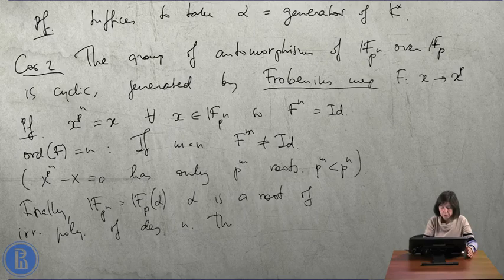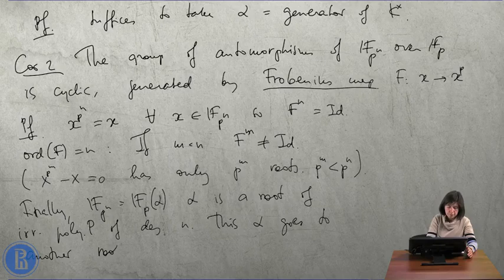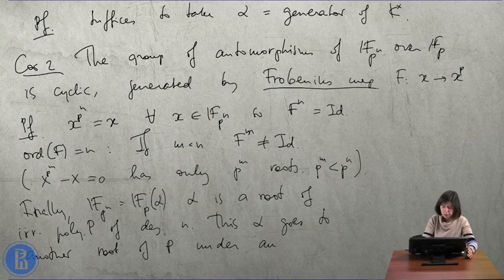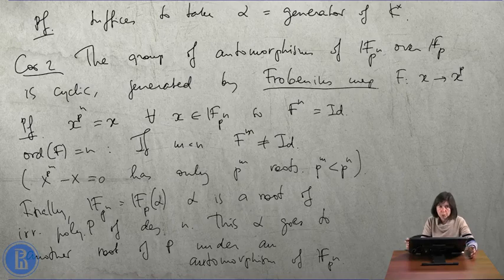Well, this alpha goes to another root of the irreducible polynomial under an automorphism, so there cannot be more than n of them.